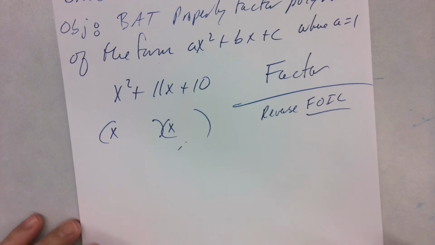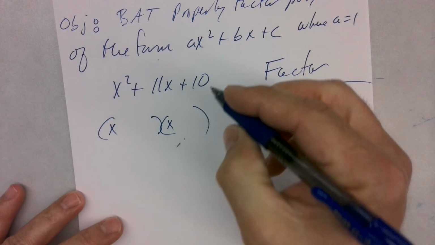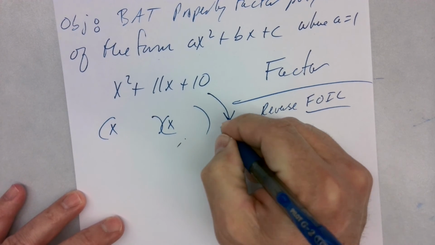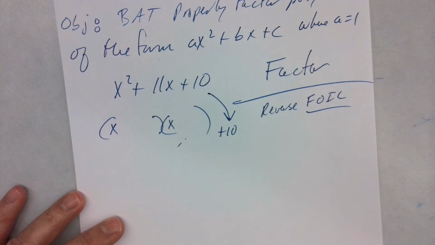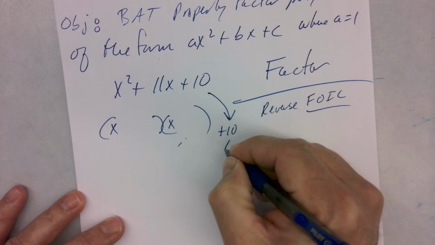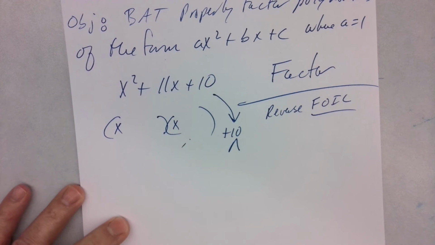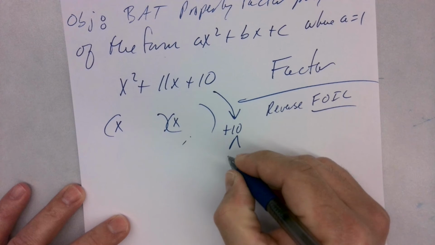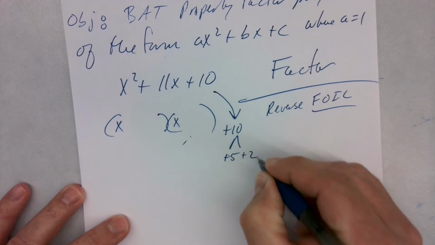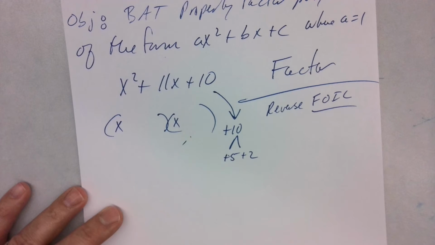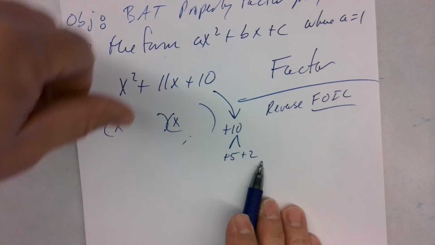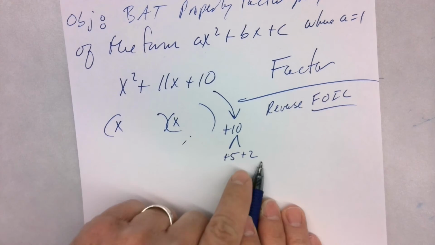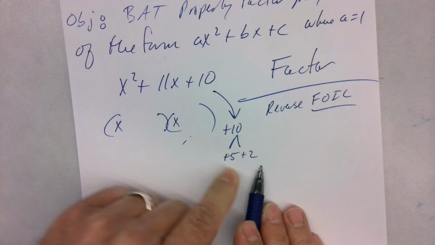I don't really subscribe to them. What I do is I simply take this positive 10. It's important you know what the sign is. And I'm going to factor that sucker. Positive 5 and positive 2. Now, they have to multiply to get your C. They have to combine, add or subtract to get your B.